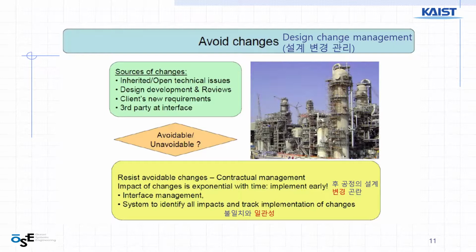And third party at the interface. Third party can be the supplier mainly. And the supplier also has their own supplier too. So there is a layer of supply chain. We call this supply chain management. So there are interfaces between supplier layers.